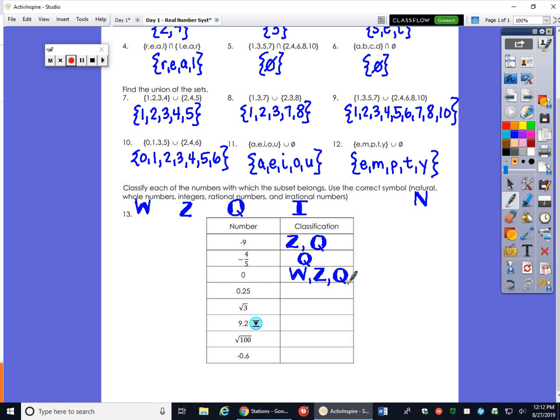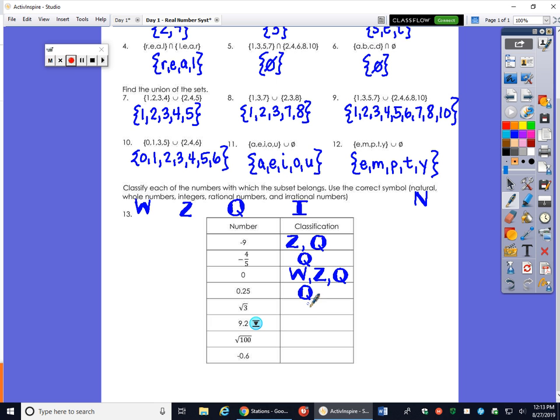0.25 is a rational number. Okay, remember rationals take on your fractions and your decimals and all of those things. Okay. Square root of 3. Square root of 3 is going to be an irrational number.